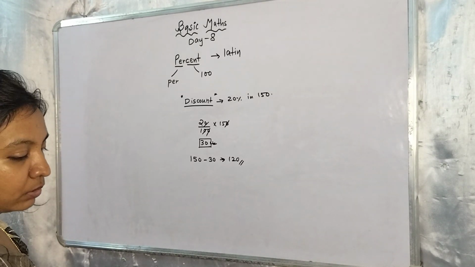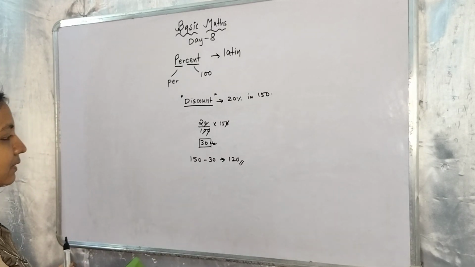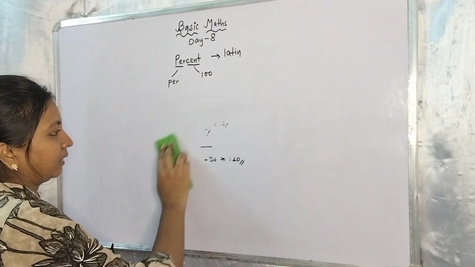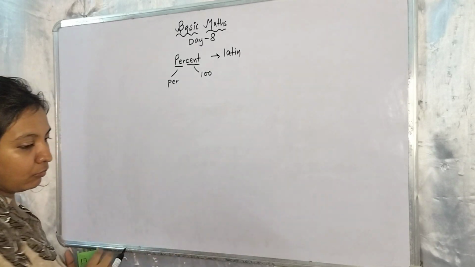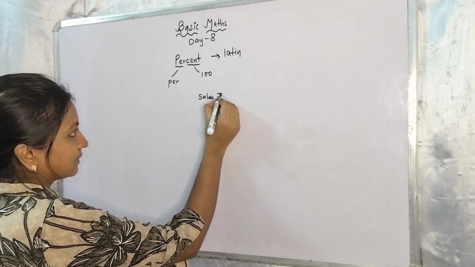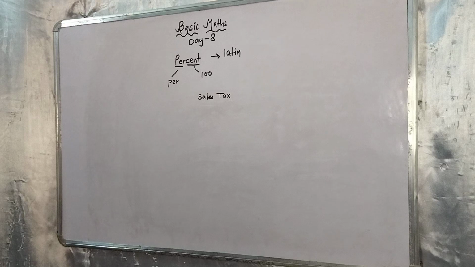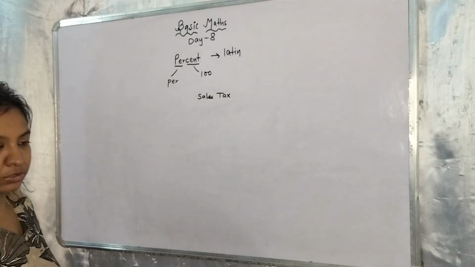So this is how percentage is used in our regular life, and not only in discount but percentage is also used while paying taxes, sales tax or any taxes. So while paying tax, you need to know how to take out the percentage.